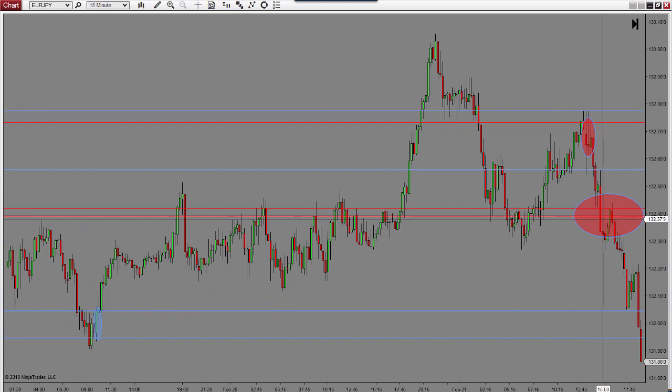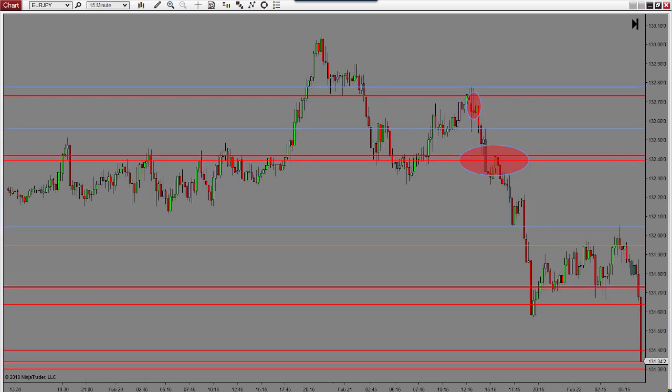Okay, so I would have had, wow, why did I make that ellipse so darn big? This line here would have been printing after this price action, so this is not a short here. Same with this area as well.